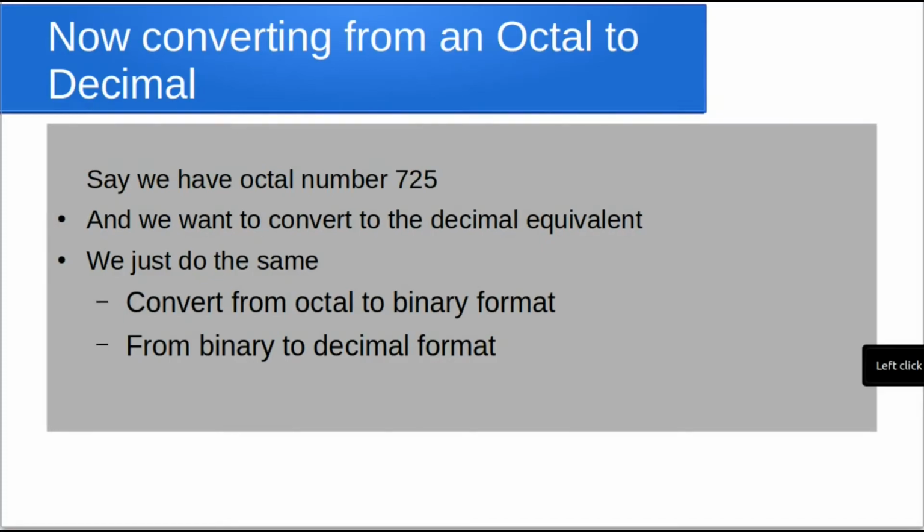We just do the same as before. We convert from octal to a binary equivalent, and then from the binary to the decimal format. So let's go ahead and do that.